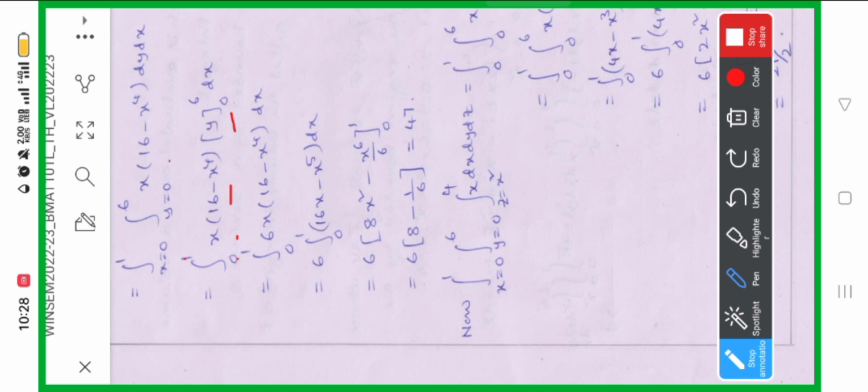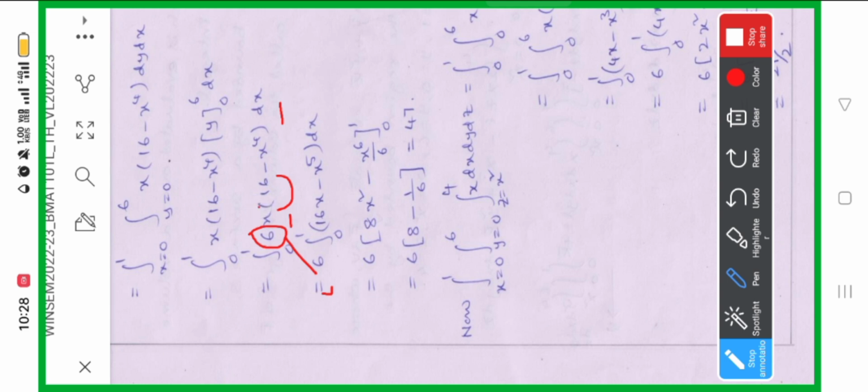Now you apply the limits: the lower limit will become 0, so only apply the upper limit 6. What will we get? 6x into 16 minus x to the power of 4, dx. So now what we have to do is take 6 commonly outside and multiply this term. Please do this, it is very important: each and every calculation, do slowly step by step.